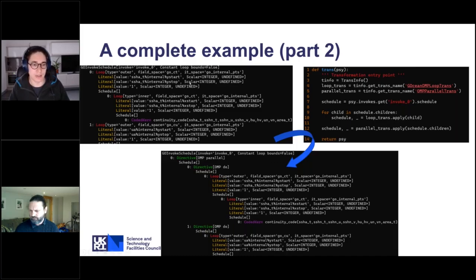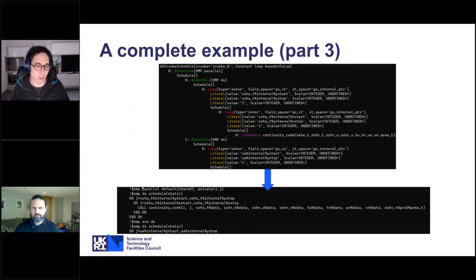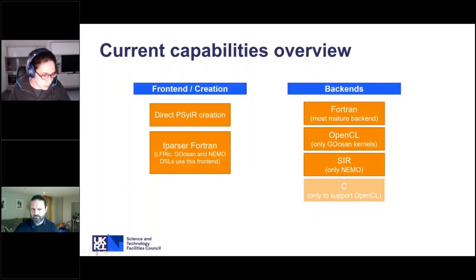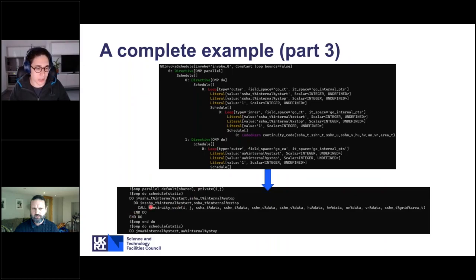So you can send this PSyIR tree into the backend, and it will generate something, not this code with the OpenMP parallel, but it will already generate the loops. I don't know if you can see my pointer. It will generate the loops and everything that is represented in the PSyIR.